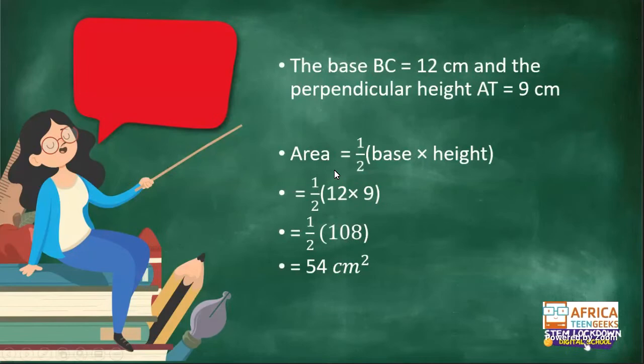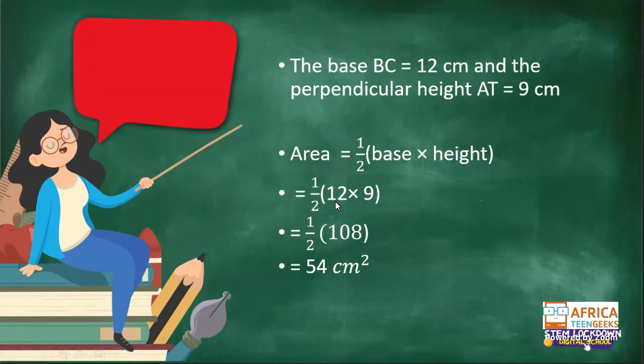As you know, the area is half. That is the formula to calculate the area of a triangle. That is half of the base multiplied by the height. Remember that the base is 12 centimeters, and the height, AD, is 9 centimeters. Then you can substitute the values.